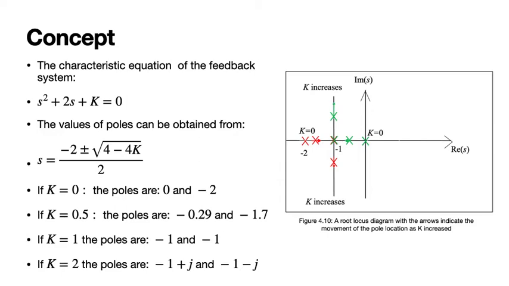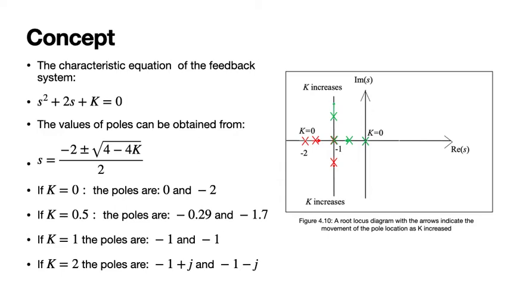When we equate the denominator to 0, this is called the characteristic equation, and we can determine the values of the poles. Remember I mentioned earlier the transfer function is output over input, the roots of the zeros over the roots of the poles. In this case, we are going to look at the values of the poles.